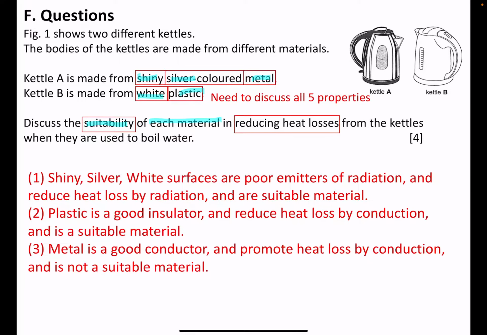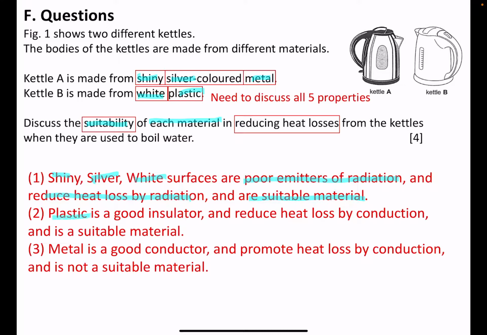Shiny, silver, and white surfaces are poor emitters of radiation. Because the water is hot, it will lose heat to the surrounding. That is why we are using the term emitters of radiation. They will reduce heat loss by radiation and therefore are suitable materials.